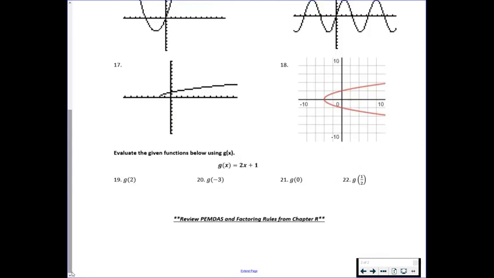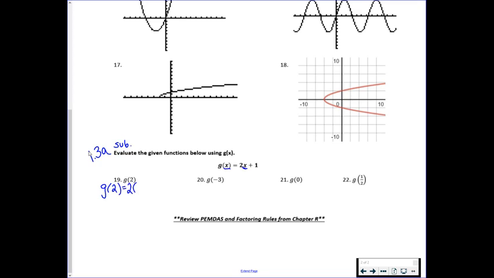Okay, last set of problems. Evaluate the given functions using g of x below. So this goes from also section 1.3a. We covered a lot in that section. And this is just evaluating. Remember from the first week of school, evaluate meant to substitute. So I'm going to take whatever my x is and substitute it into my equation. g of 2. g of 2 equals 2.